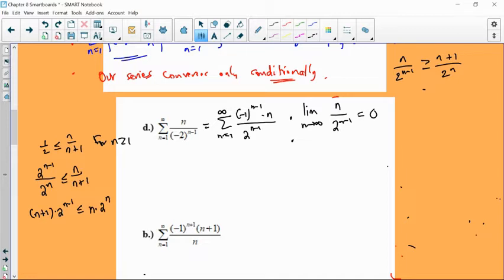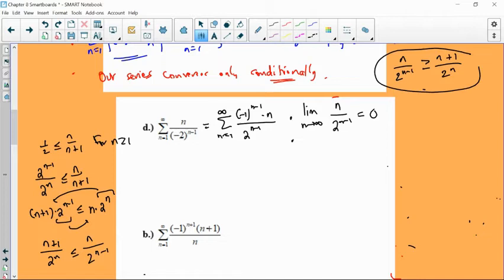What I want to do is take this 2 to the n minus 1 and put it over here, and then take this 2 to the n and divide it over there. So now I get n plus 1 over 2 to the n is less than or equal to n over 2 to the n minus 1. And that's exactly what I wanted to demonstrate up there. I just switched the direction, but that's fine.